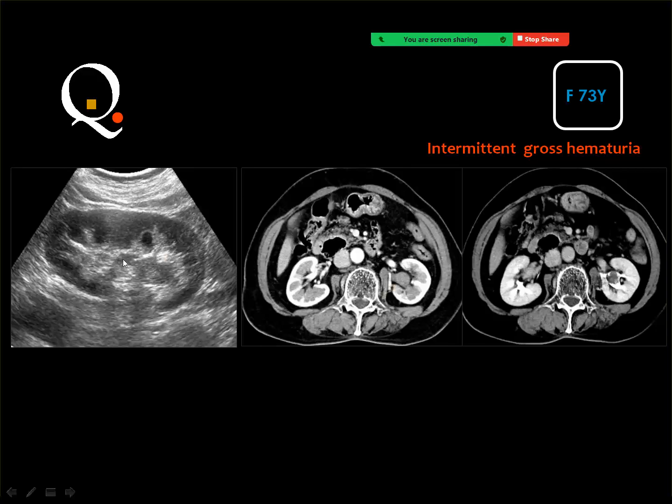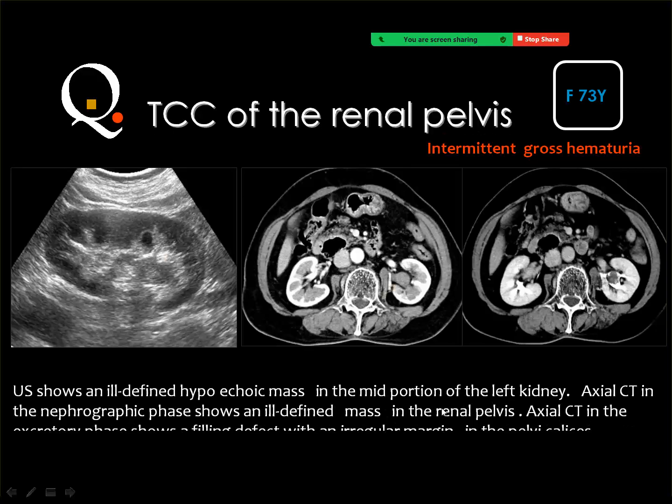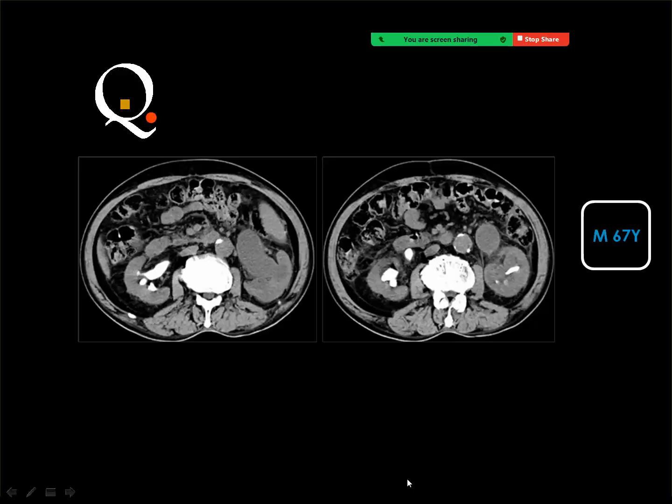Because in the ultrasound you do not see the acoustic shadowing of the stone. Why is this not a blood clot? Because in the ultrasound you know that blood clots are echogenic. Then the diagnosis is transitional cell carcinoma of the renal pelvis.